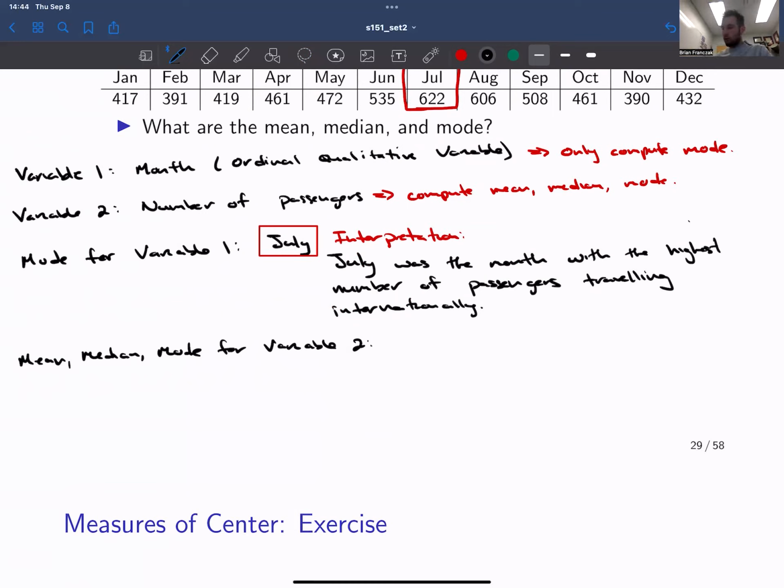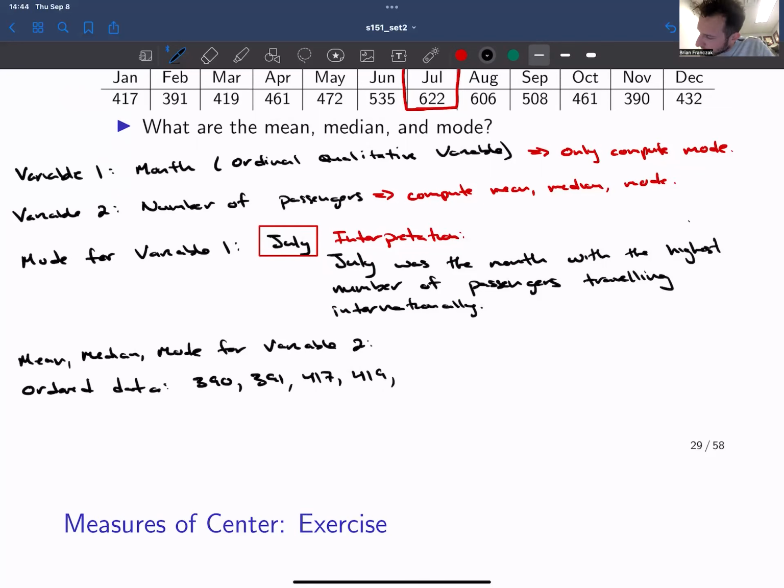All right, so if we start ordering the data, we're going to have the smallest number first, which is 390. This is followed by 391. This is followed by 417, which is followed by 419.